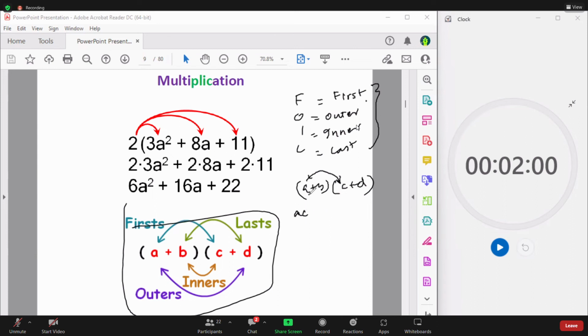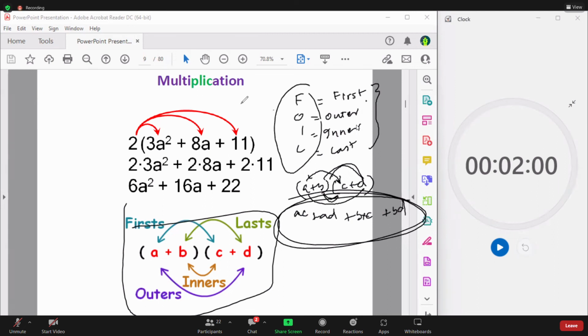Then the outer terms, a times d. Then the inner terms, b times c. And then the last terms, b times d. This is the product. However, the downside to this method is it only works with binomials. It doesn't work with any other kind.